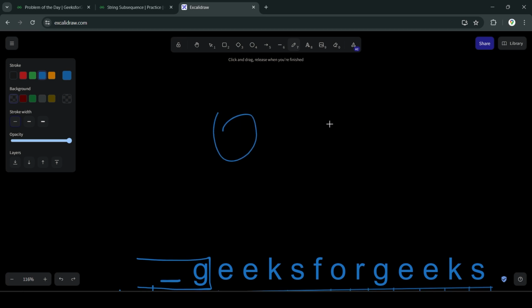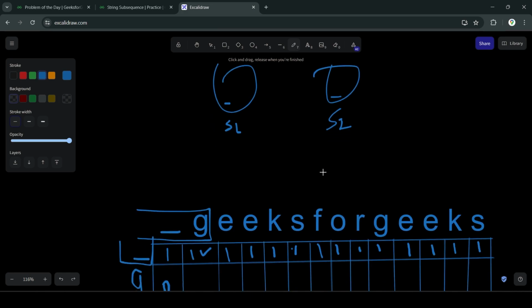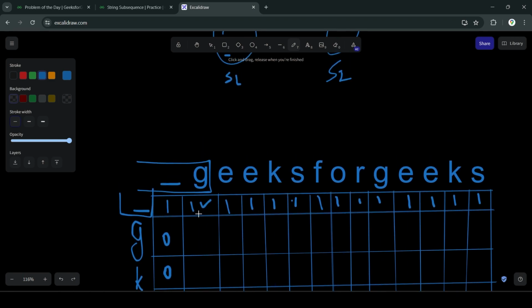Suppose you are given two sets, let us say this is S1, this is S2. It is sure that there is already a null set present in every set, right? So for this part, I can tell that this null is present in this set. So what can be the subsequence? This null and this null are matching, so I can put one here.